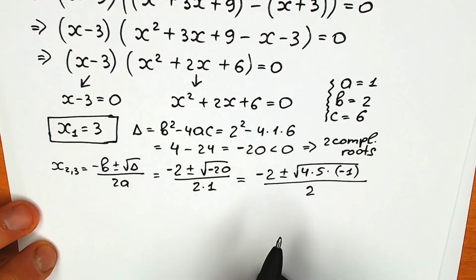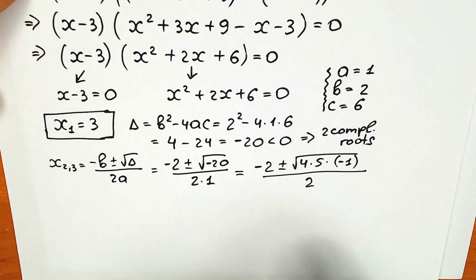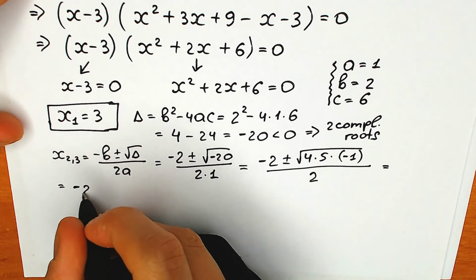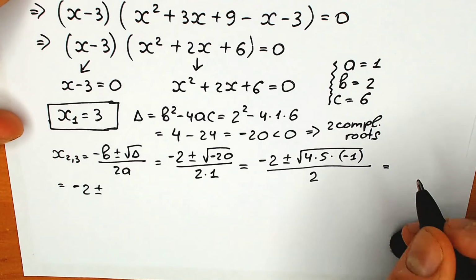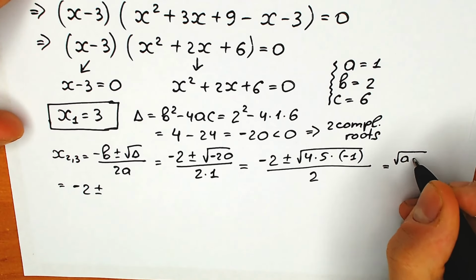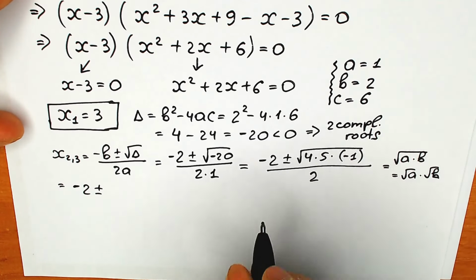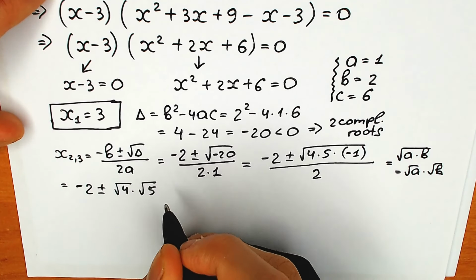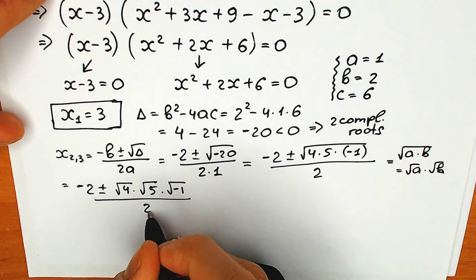We can easily split it because there is a really great property. When we have square root of a times b, we can write it as square root of a times square root of b. And we can easily split it like square root of 4 times square root of 5 times square root of minus 1, all over 2.